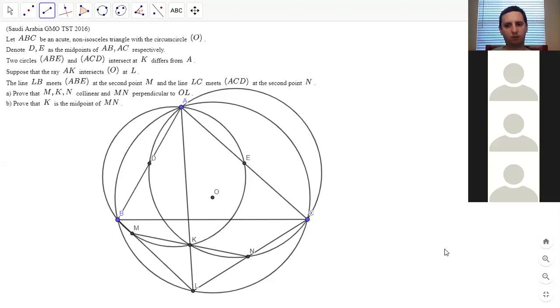Now, or you can use the inversion. LK times LA, that's LM times LB, which is LN times LC. So yeah, we know BMNC is cyclic.